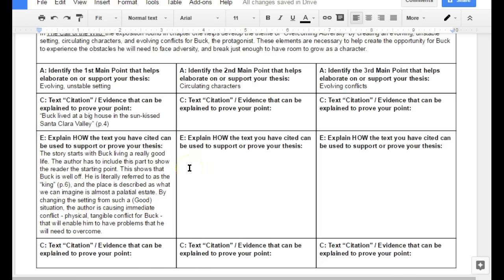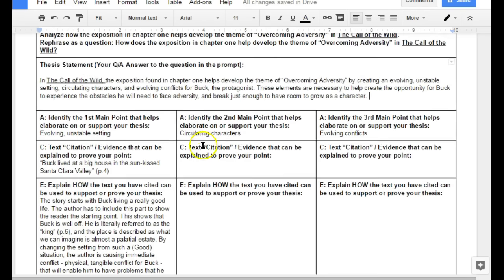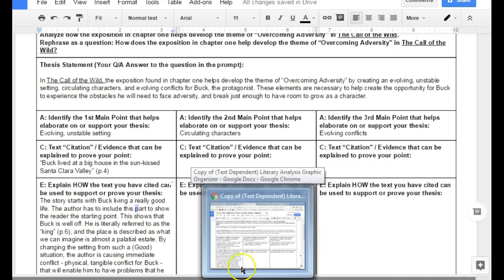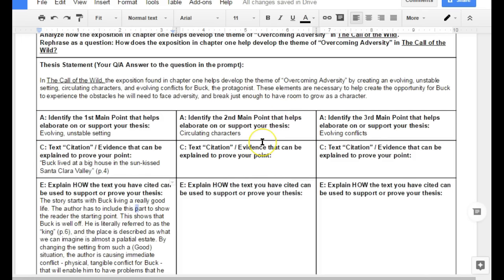Really going back and taking time to think about what it is that makes something unique, or looking at something from a different perspective, identifying the things in general. Notice I didn't get super specific in my thesis or even in the main points, because I get more specific as I go. We go from more general to more specific as we organize and as we write.